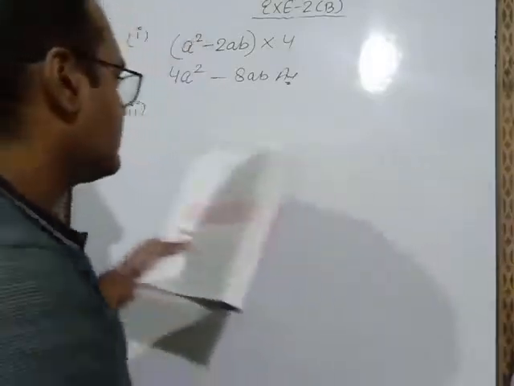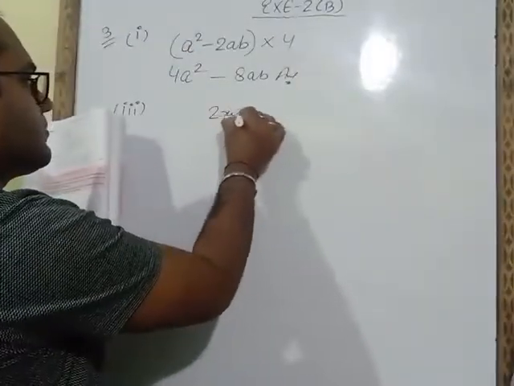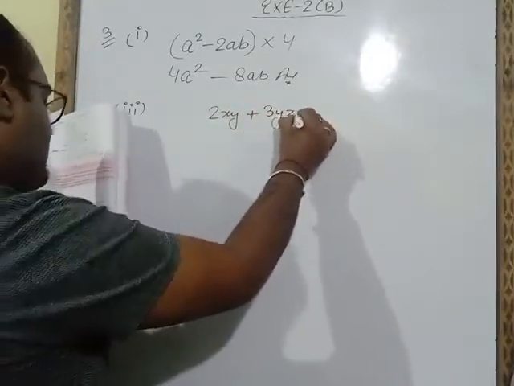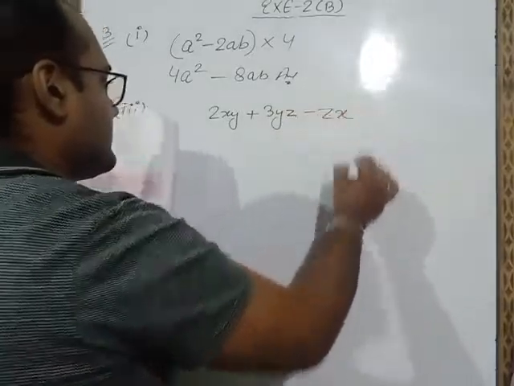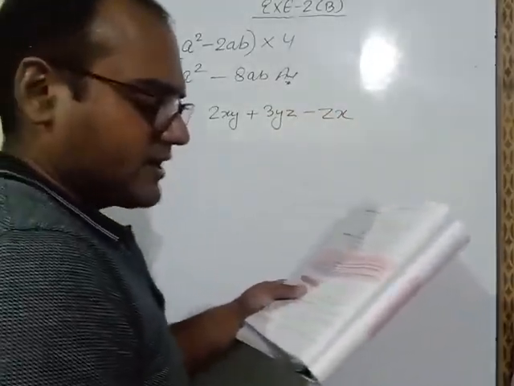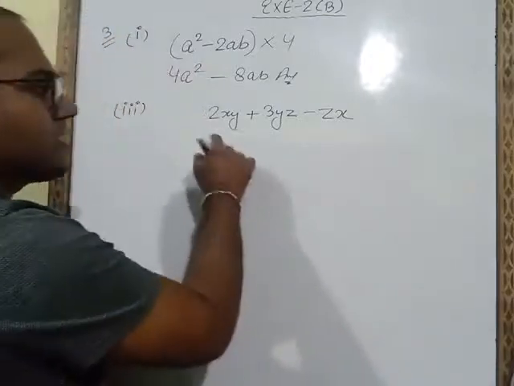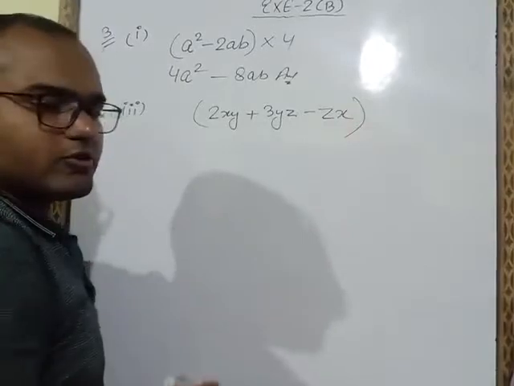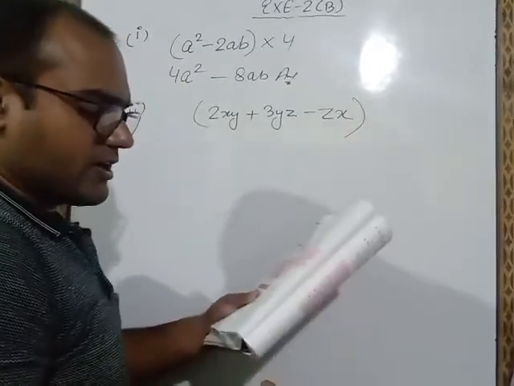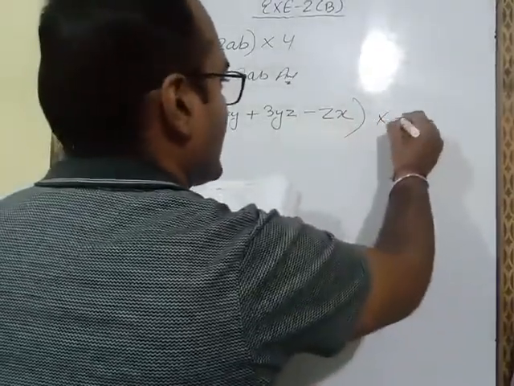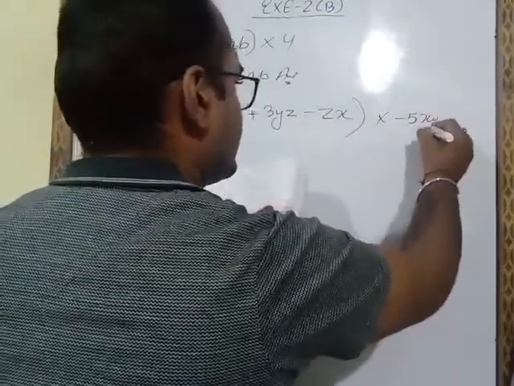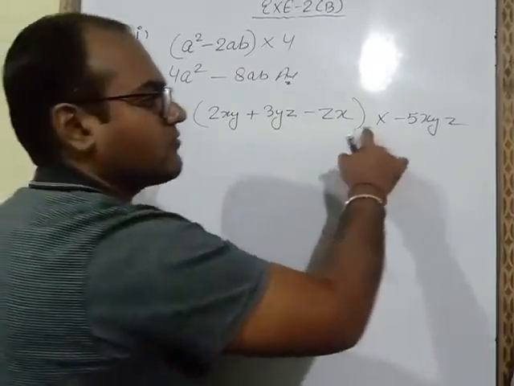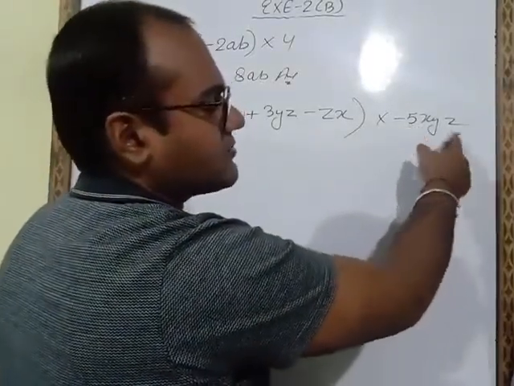Two xy plus 3yz minus zx by minus 5xyz. We have to multiply these three things, that means these three things we have to put in the bracket. Then you have to put multiply sign, minus 5xyz. These three terms we have to write in the bracket, and these three terms we have to multiply by minus 5xyz.